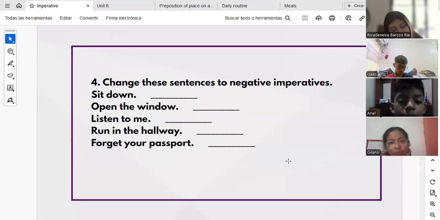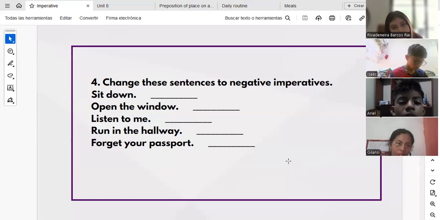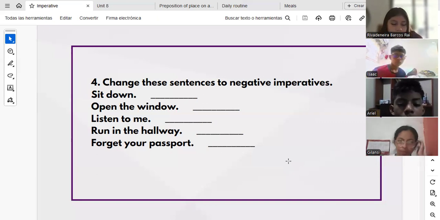So, Jilansi, number four, please. Running the hallway. Don't run in the hallway. Awesome. Thank you so much, Jilansi. And the last one, Fiorella, please. Fiorella, are you there?